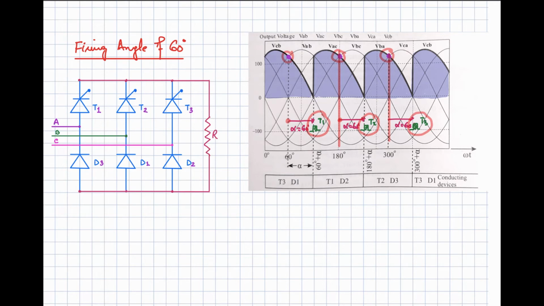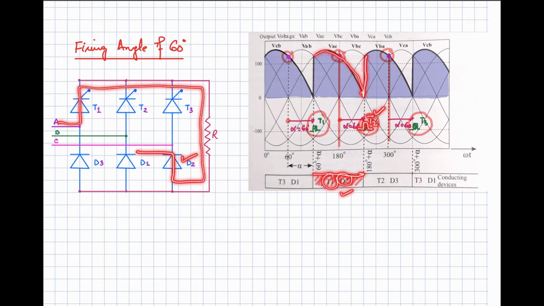When we apply the pulse to thyristor T1, along with that the diode D2 will be turned on, because VAC is maximum in the circuit at this instant of time. VAC is going to appear, from phase A towards phase C, so D2 should be turned on. So T1 and D2 will be on from this point till this point, until you fire the next thyristor. So you are firing the next thyristor right at this point by applying the gate pulse.